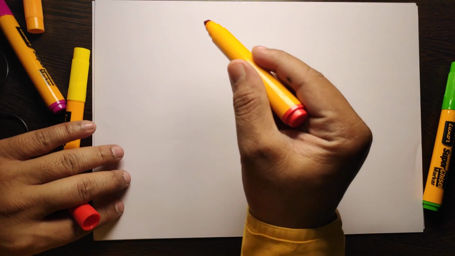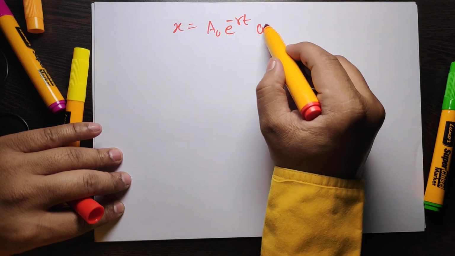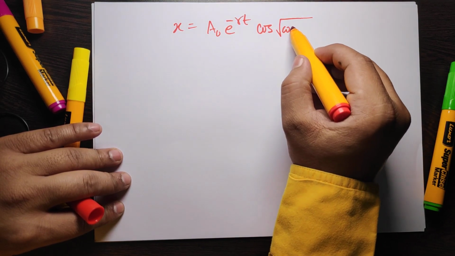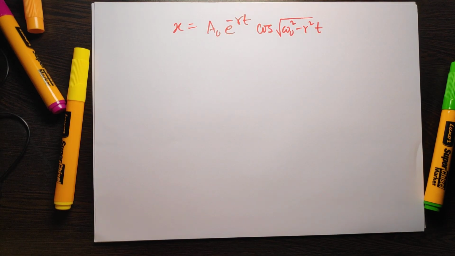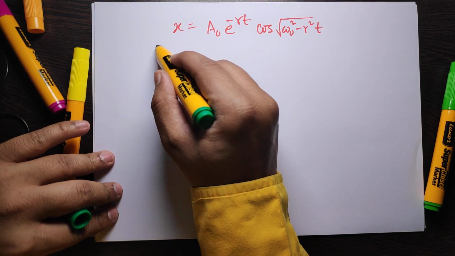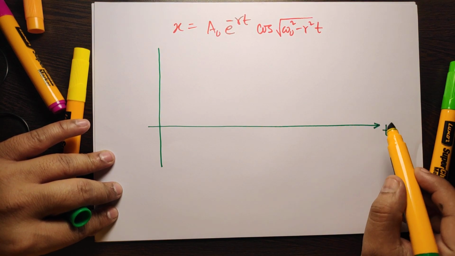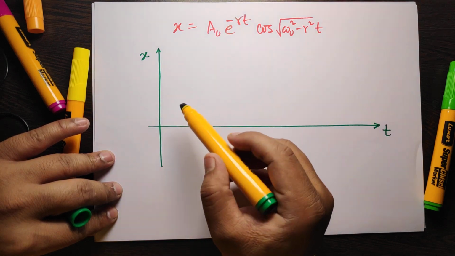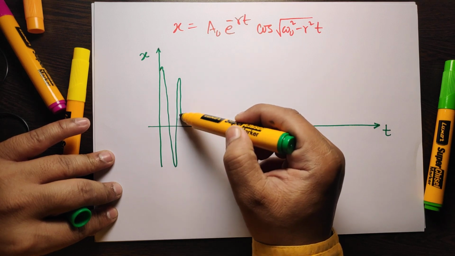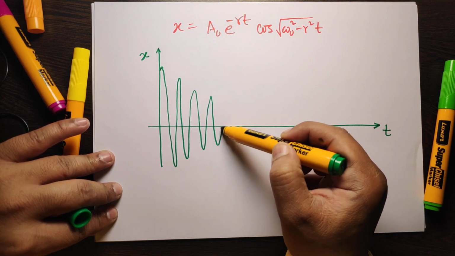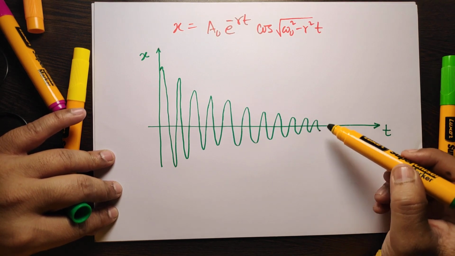The equation was x equal to a naught e to the power minus gamma t cosine of root of omega naught square minus gamma square times t. Here time is on one axis and x on the other.